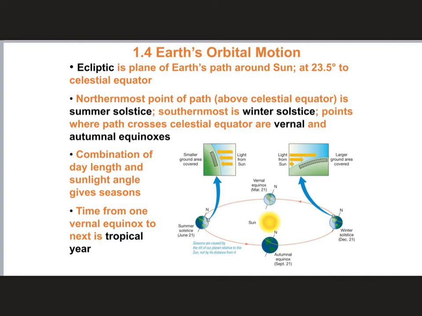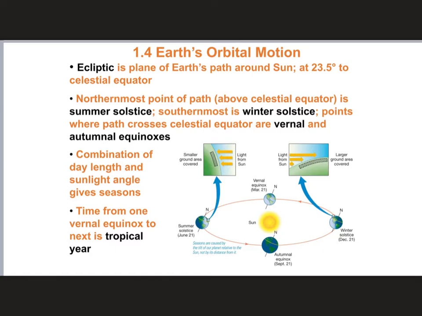Now this point of the Earth in its orbit is drawn at what's called the summer solstice, and that occurs on June 21st. If you're in the northern hemisphere, that is the longest day of the year. But if you're in the southern hemisphere, which is pointed away from the sun, that is the shortest day of the year.